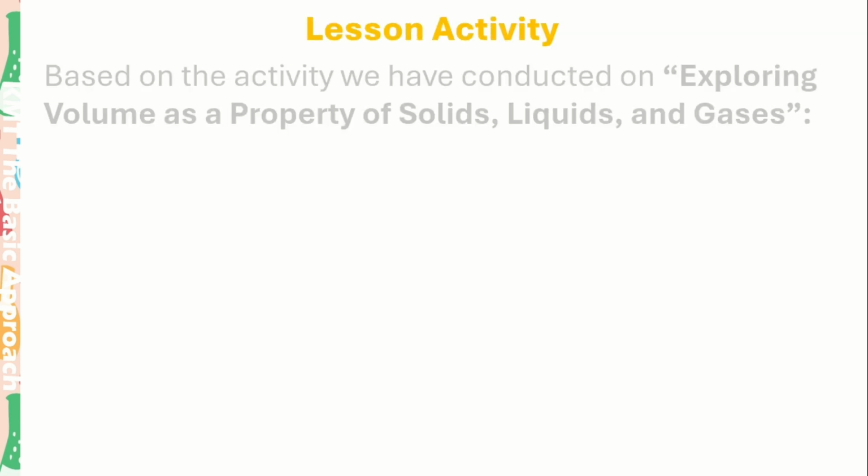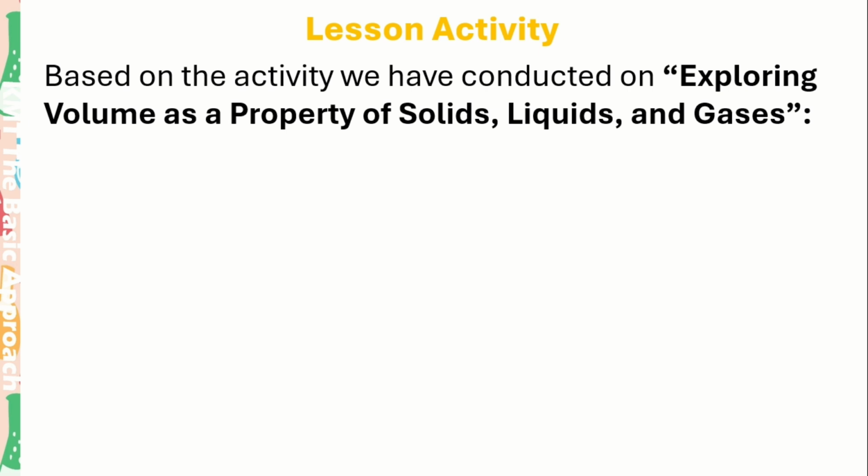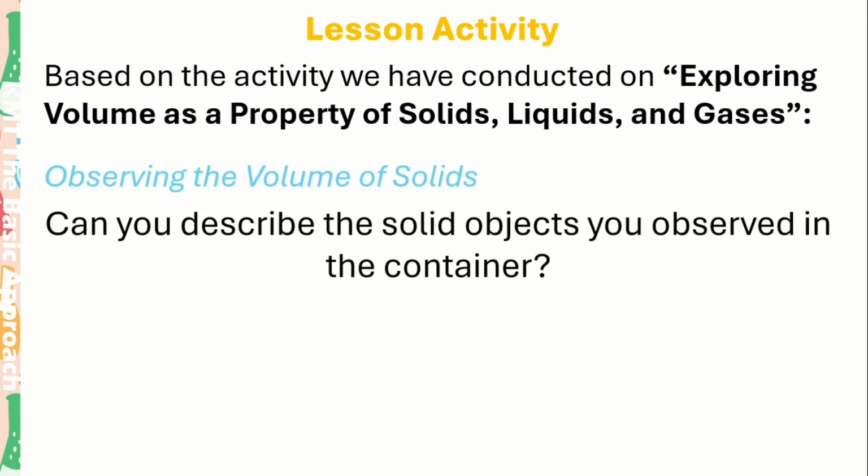Lesson activity. Based on the activity we have conducted on exploring volume as property of solids, liquids, and gases. In observing the volume of solids, can you describe the solid objects you observe in the container? Great!